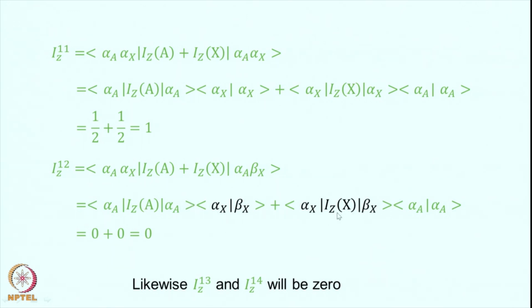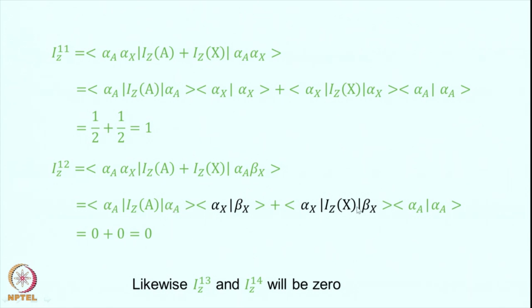For the second one, when I am putting IzX here, I have to use the X spin states only. Therefore I have here alpha X, IzX, and then I have the beta X here, and the 2 alpha A come out. Now notice here, because of the orthogonality, this term gives me 0 here, alpha X, beta X is 0, whereas this gives me half.